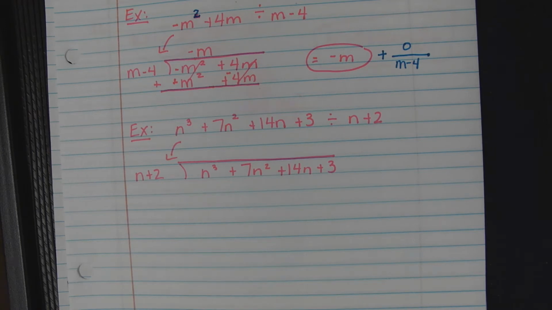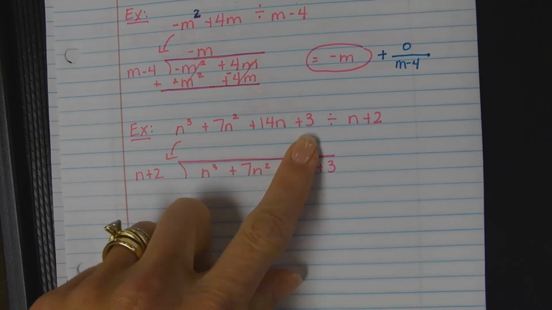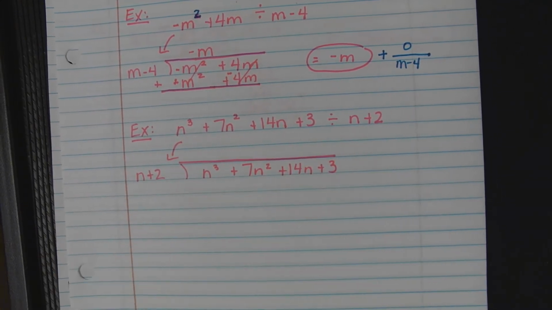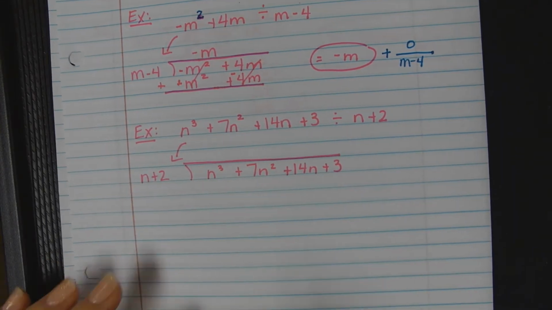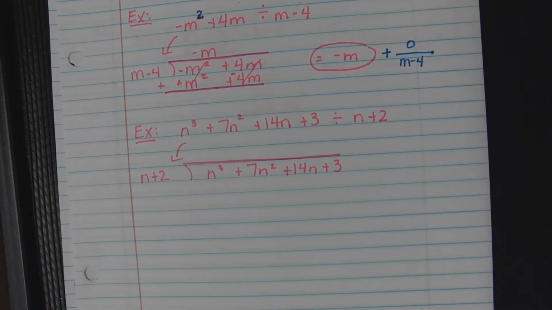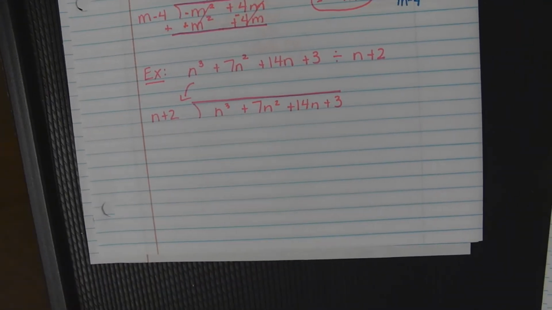One term at a time. So here are our 1, 2, 3, 4 terms. We're dividing it by n plus 2. You're only looking at n to the third power. What variable times n gives you n to the third?